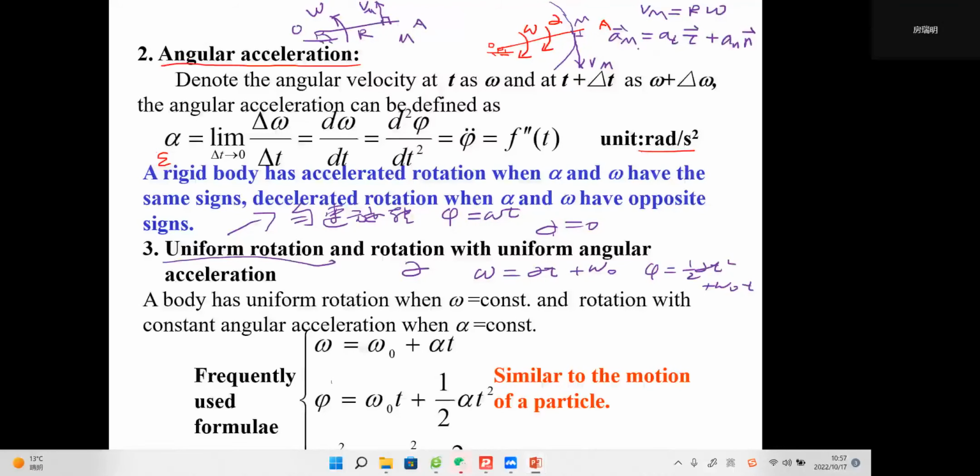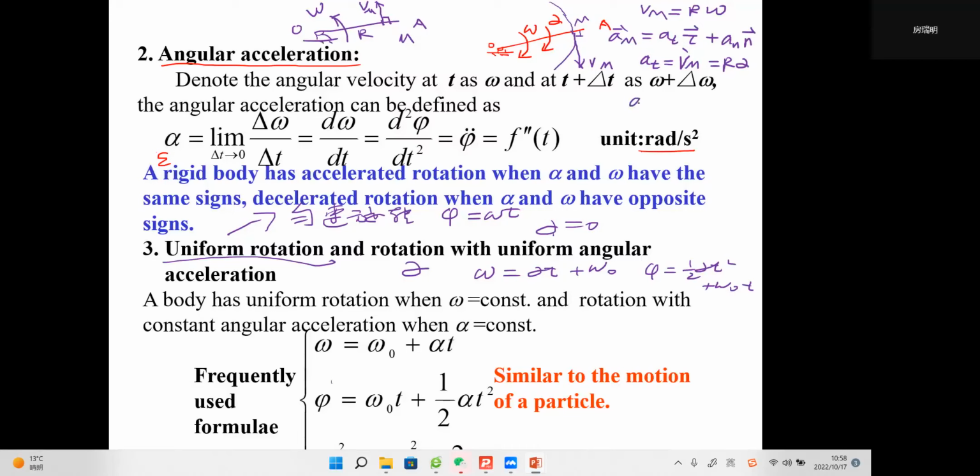This A tau will equal the derivative of VM, so it will be R alpha. Because it has the same direction as omega, A tau is along this direction.